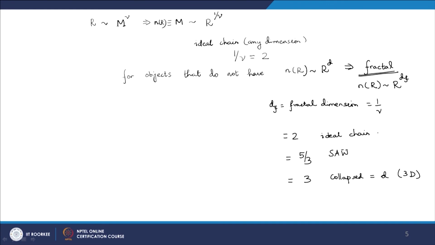So, at least the first two can be considered fractals. To be more specific, the ideal chain in 3D can be considered a fractal. An ideal chain in 2D has d_f equal to d, so in that case we can consider it as not being a fractal. This is the idea we will build upon.